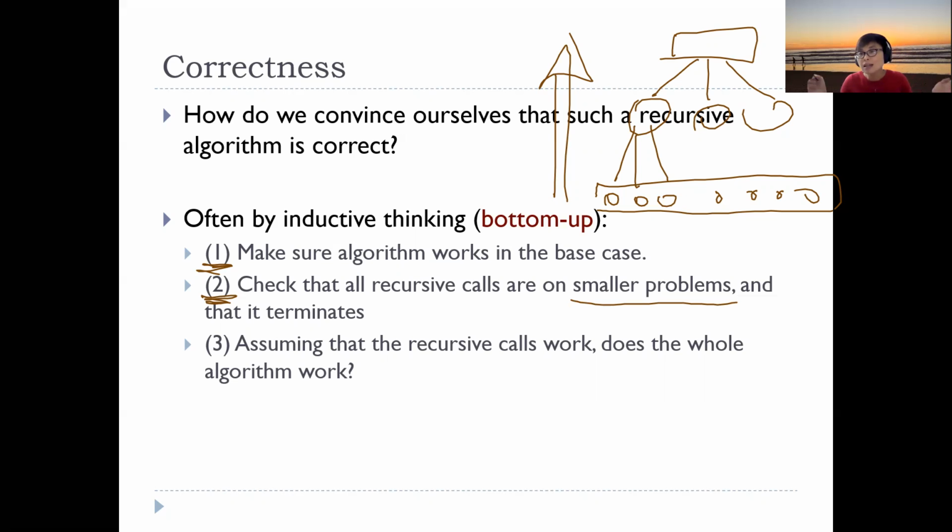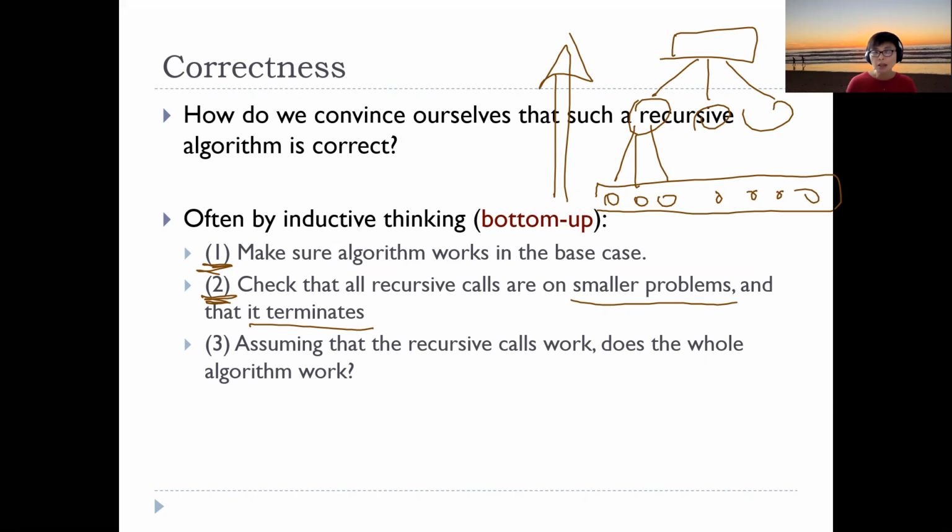Because if it doesn't get smaller, if it's getting bigger, then you're making this problem bigger and bigger. You will never stop. You want it to get smaller and smaller, that's when in the end you can terminate. You have to check that it terminates, instead of your algorithm having an infinite loop. So that's the second thing we need to check.